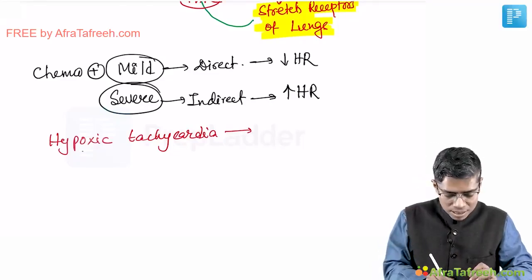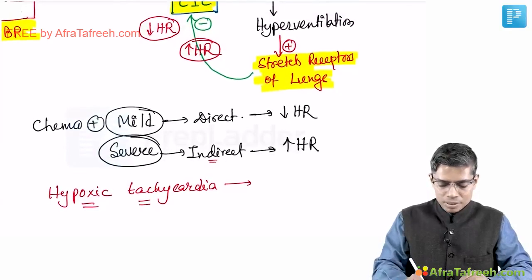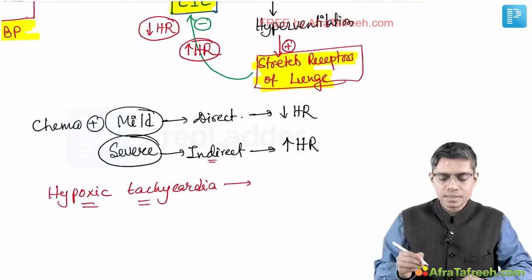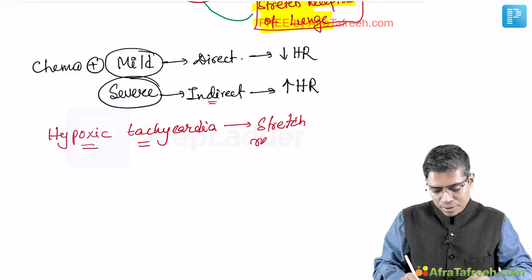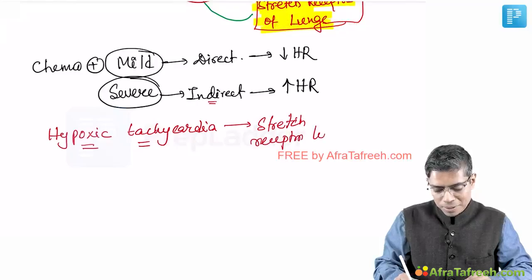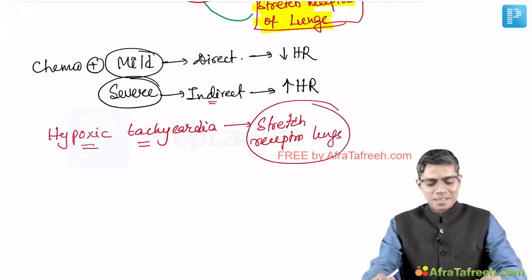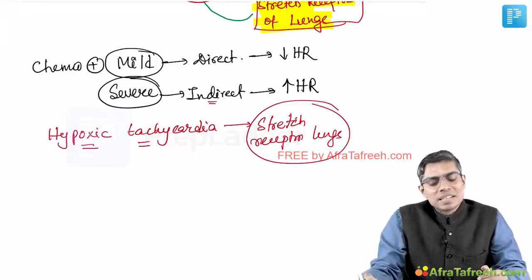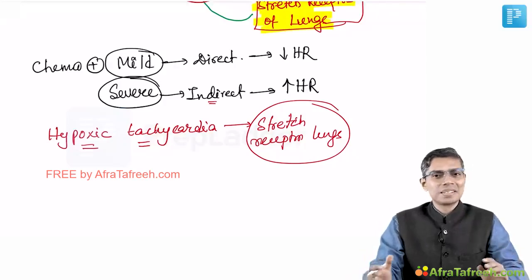During hypoxia, if you are getting tachycardia, that is the indirect pathway. Who is doing this tachycardia? That is nothing but the stretch receptor of the lung. Getting my point? So that's a very peculiar question and peculiar answer. Hypoxic induced tachycardia is due to stretch receptor of the lung. Right? Now you got it.